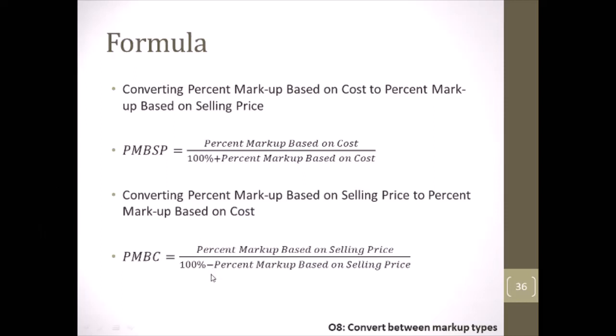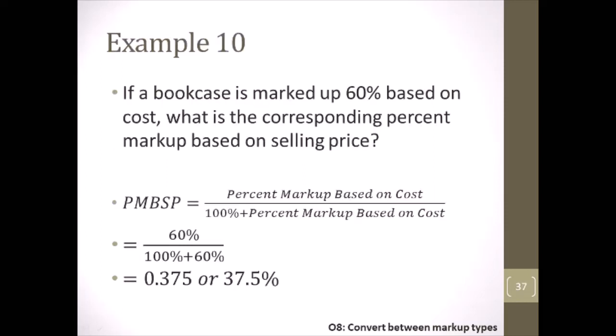So, you were reminded in your book that the formula should be minus. So, kindly correct the one in your textbook. So, it should be minus. So, let's solve the first item or first formula. If a bookcase is marked up 60% based on cost, what is the corresponding percent markup based on selling price?